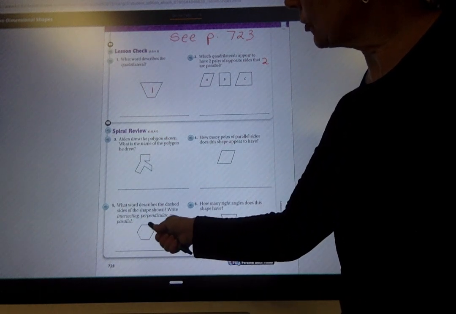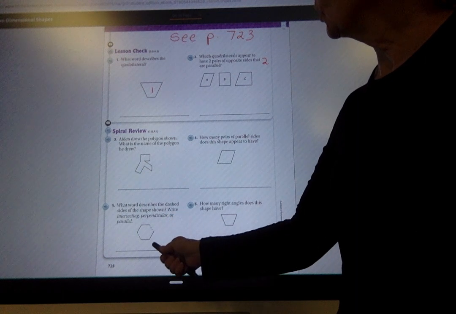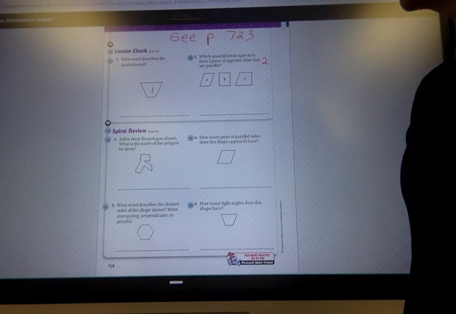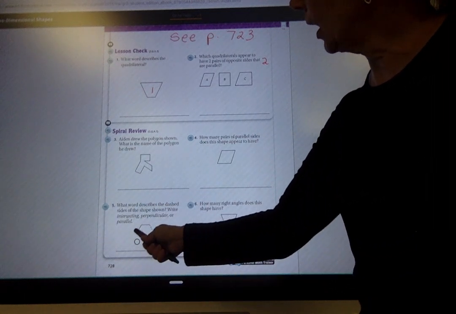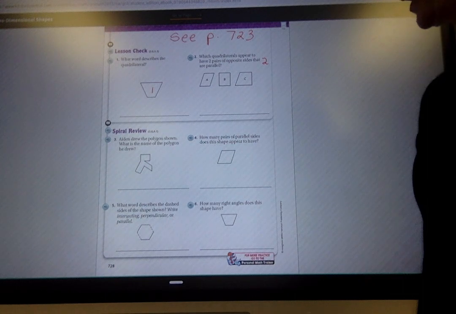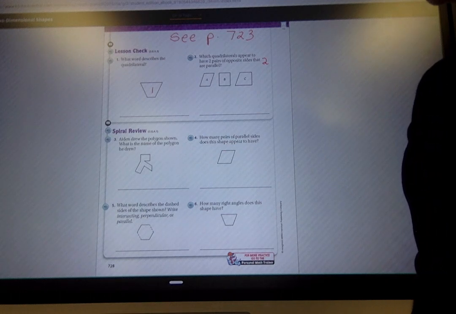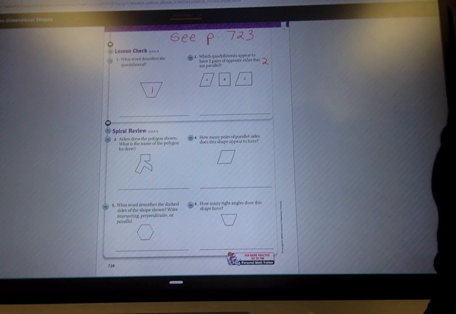Does this intersect with this? Are they perpendicular, or are they parallel to each other? Choose one of these words to describe these lines' relationship. Number 6, how many right angles does this shape have? It could be 0, 1, 2, 3, or 4. Choose carefully. Send me a picture when you're finished.